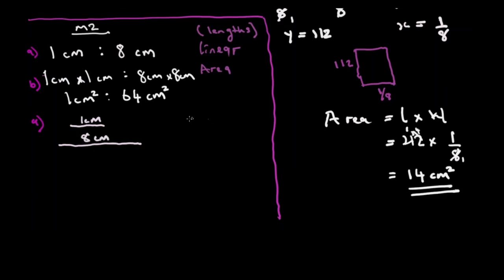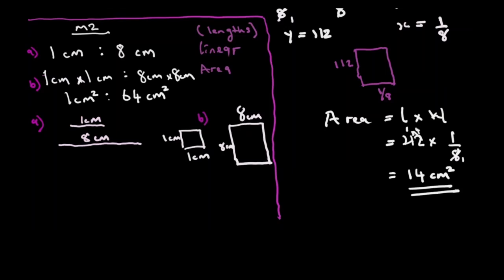But B now, which is representing area, is telling us that 1 centimeter by 1 centimeter on the map is representing 8 centimeters by 8 centimeters on the actual ground.